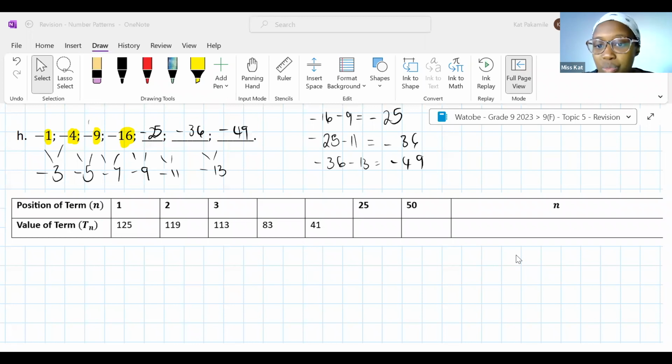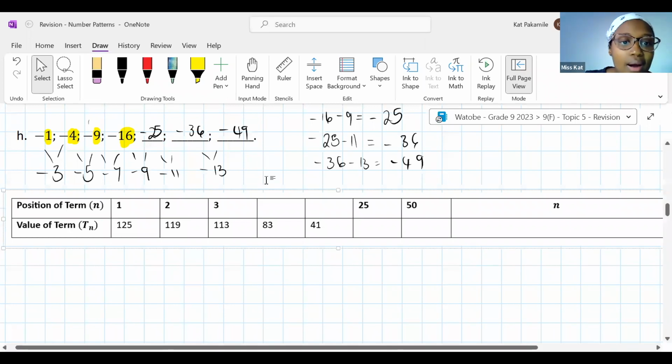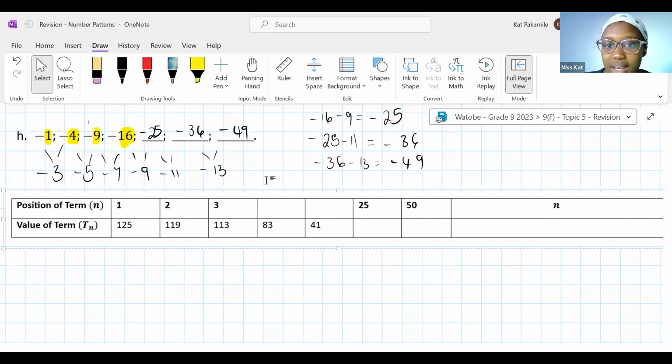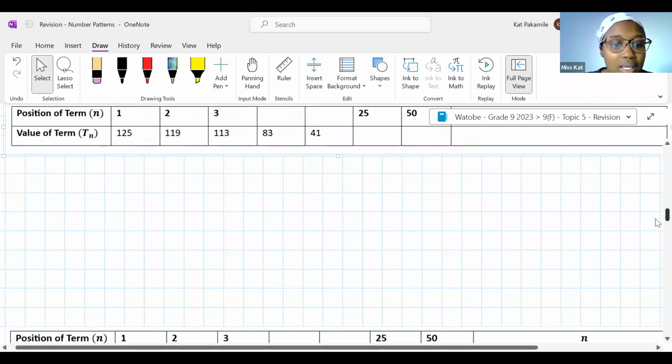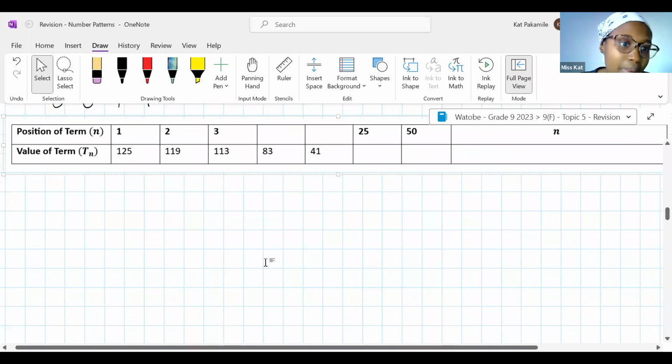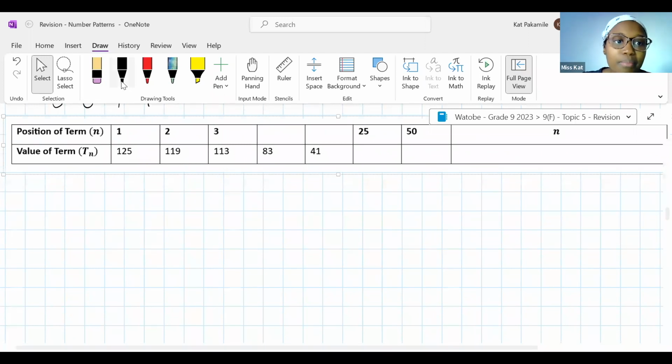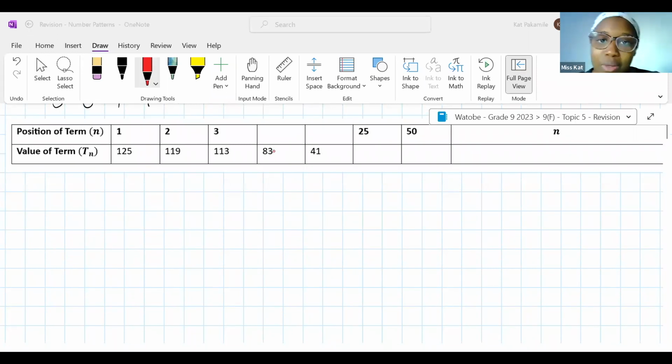Okay, cool. Now we are going to be finding the missing blocks in this number pattern. So now, before we can use any formula, I said to you, we must first check if this is a linear number pattern. Otherwise, you just cannot use our formula. And you said I must check by checking what the constant difference is.